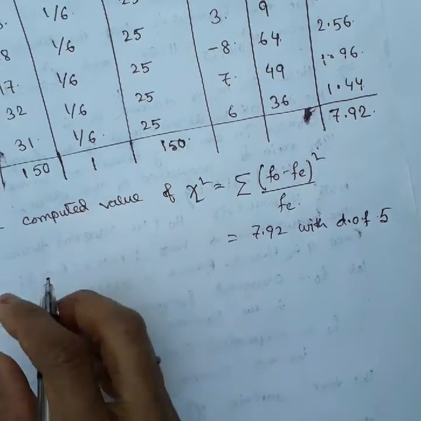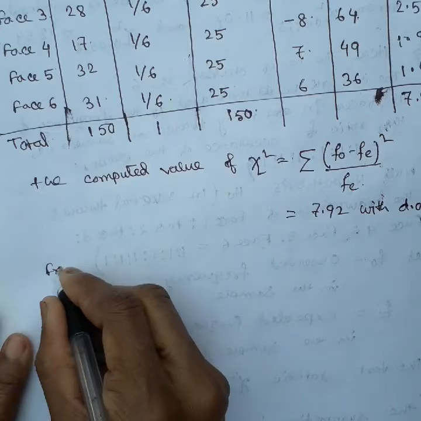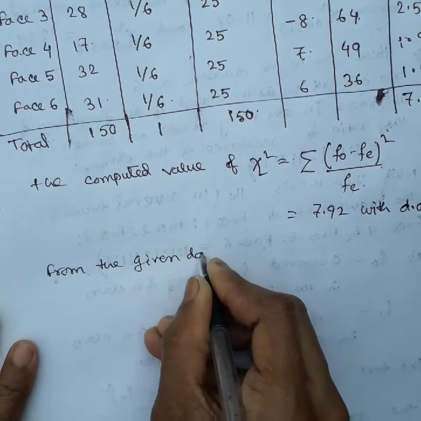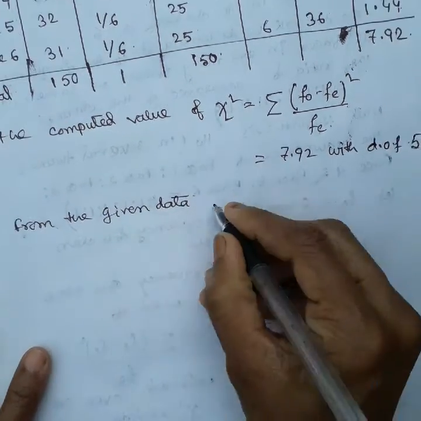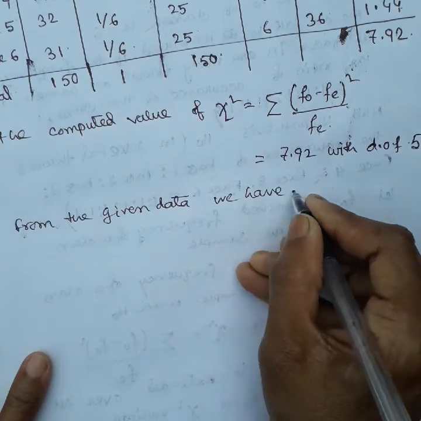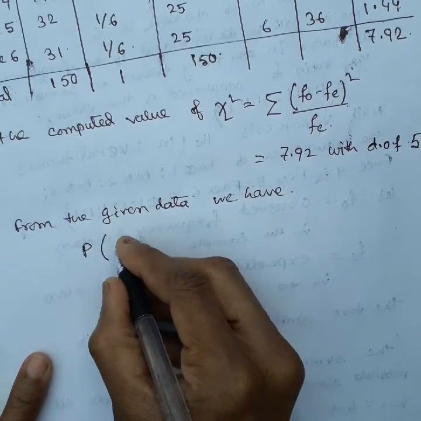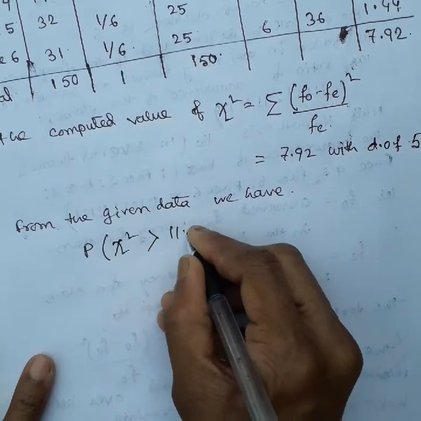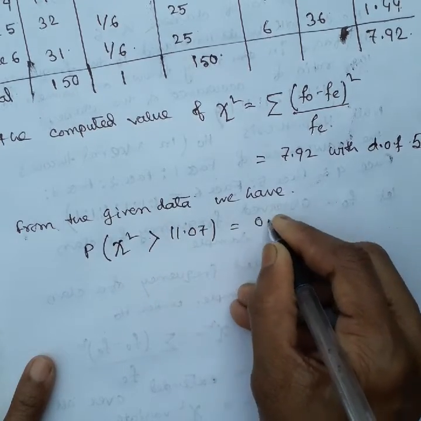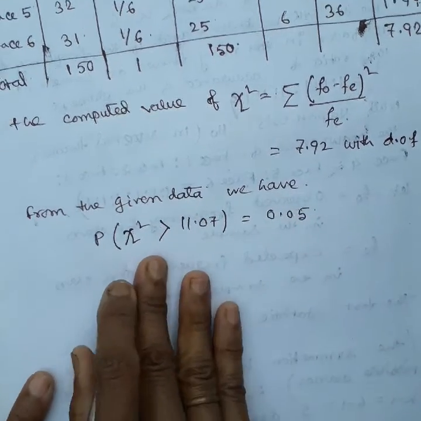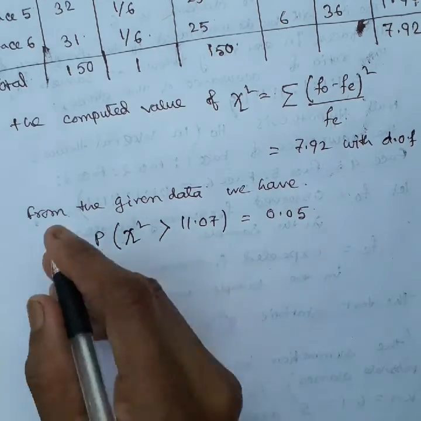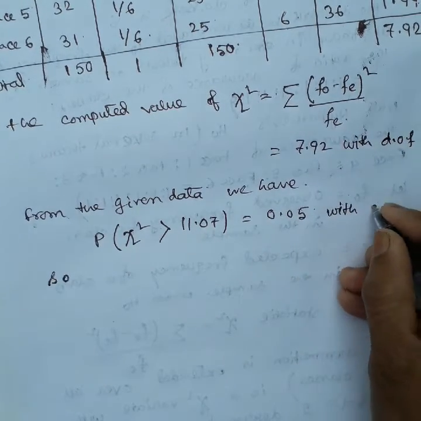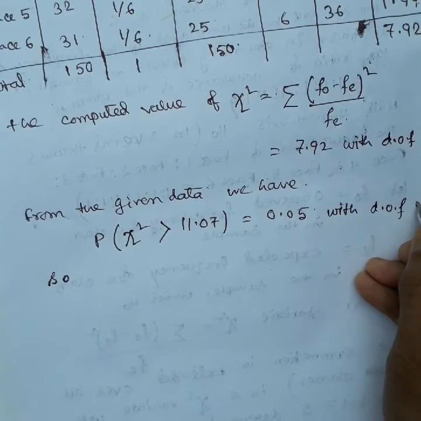And from the given data we have the probability of chi-square greater than 11.07 is equal to 0.05, with 5 degrees of freedom.